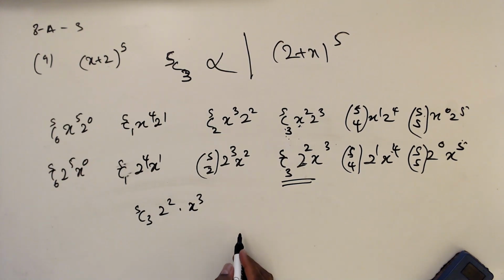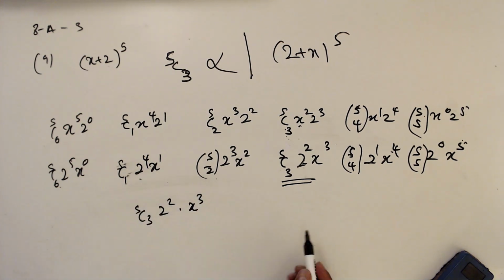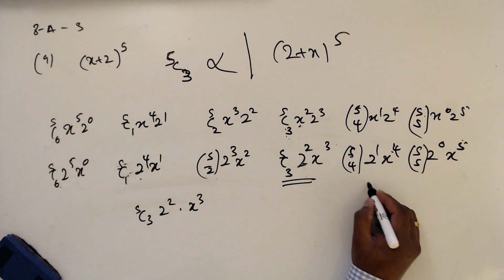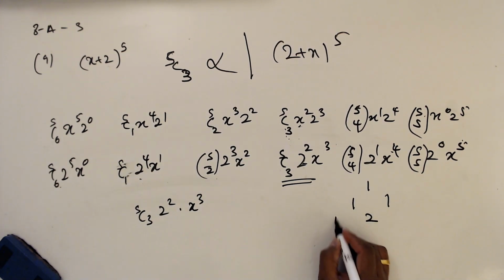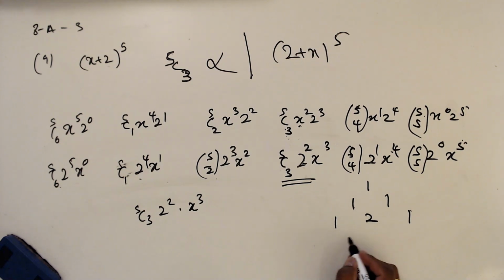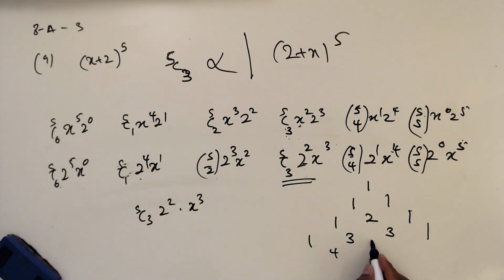What is the 5C3 value? Since we expand this, we'll check with Pascal's triangle: 1, then 1, 1, then 1, 2, 1, then 1, 3, 3, 1, then 1, 4, 6, 4, 1, then 1, 5, 10, 10, 5, 1.